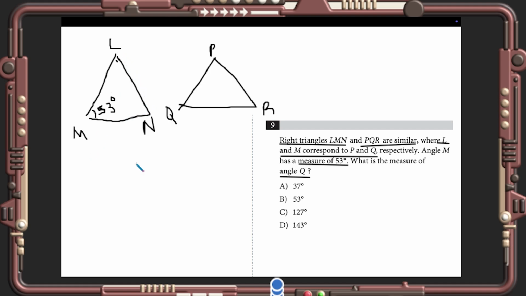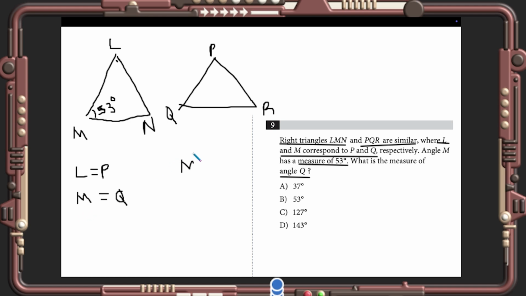The problem states where L and M correspond to P and Q respectively. So based on that information, we can say that angle L is congruent to angle P, and angle M is congruent to angle Q because they correspond to each other.